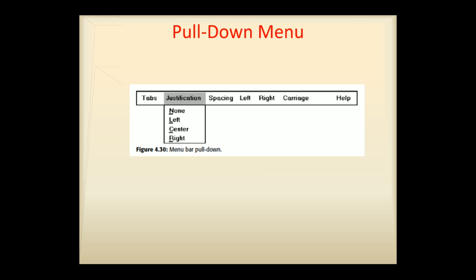And if a pull down choice leads to another pull down, then it provides a cascade indicator to denote it. The cascade indicator is usually either a greater than symbol or double greater than symbols. We call such menus pull down menus.